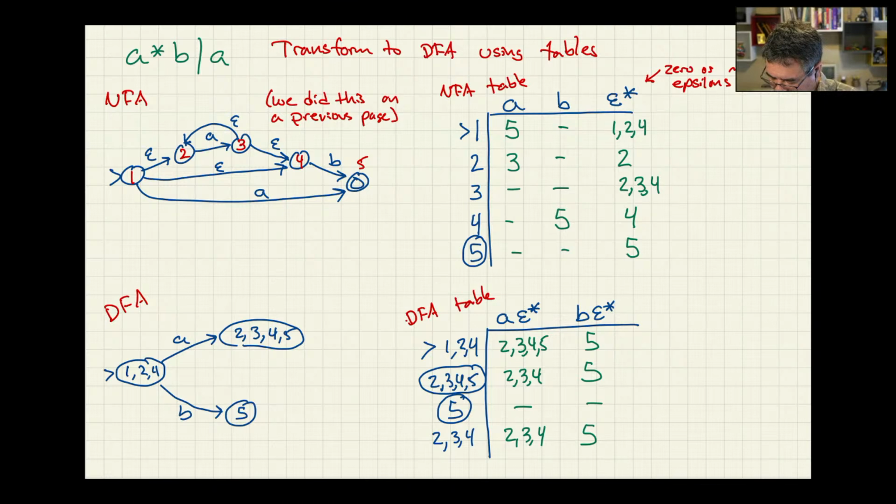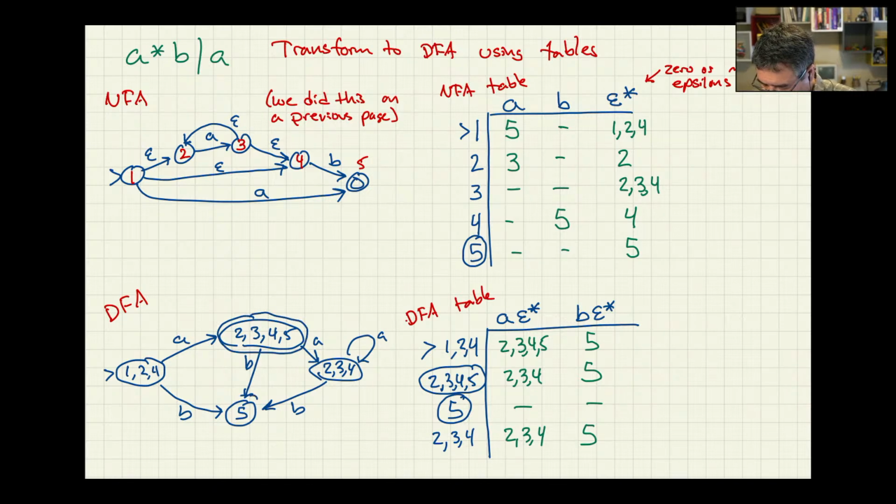And then 2, 3, 4, 5 on an A goes to 2, 3, 4. And on a B goes to 5. 5 doesn't go anywhere. And then finally 2, 3, 4 on an A goes to itself, and on a B goes to 5. And then this is an accepting, and this one is.